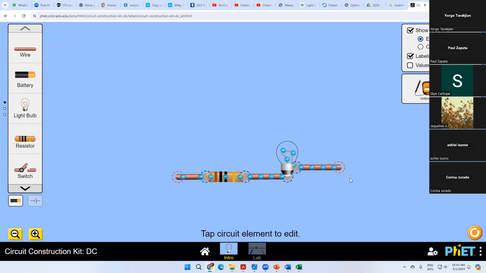I have a lamp here. A real life lamp. Let's see if we get that. Here's my lamp. Can you see?